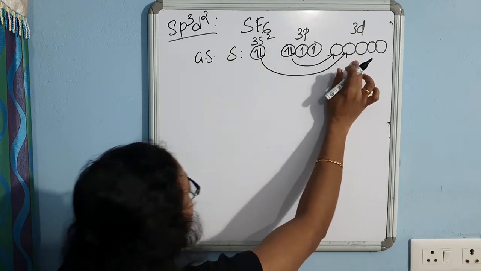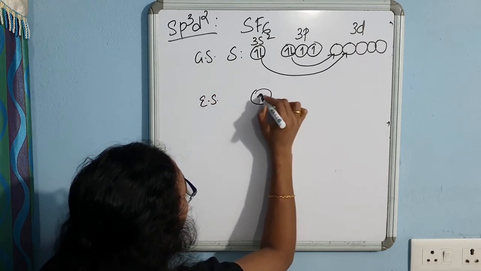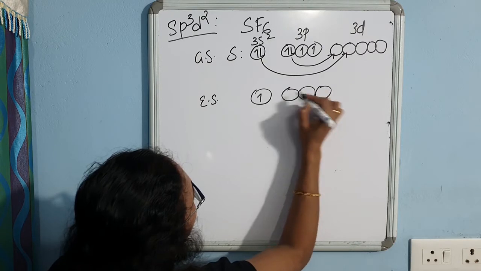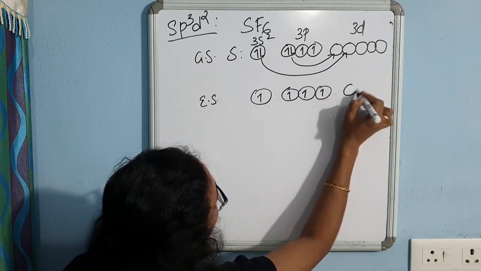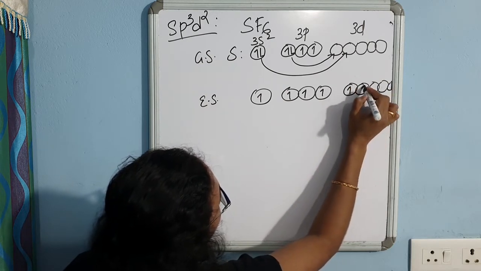3s electron gets excited. So the excited state configuration becomes 3s1, 3p3 and 3d2.